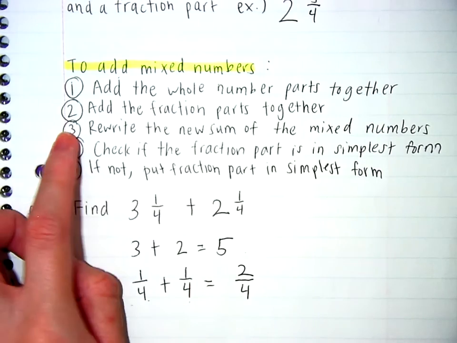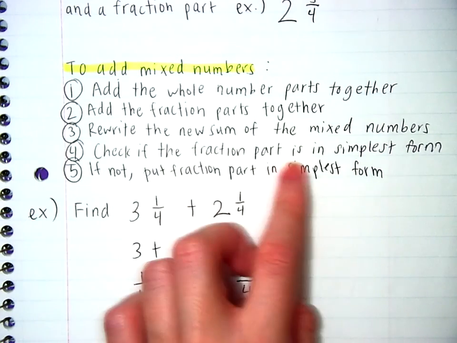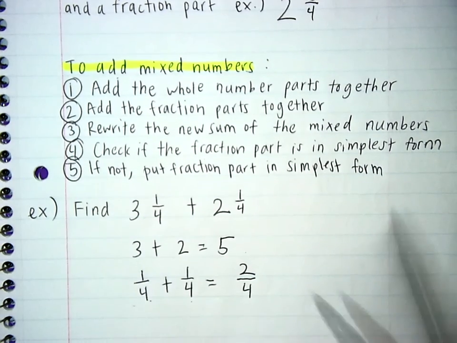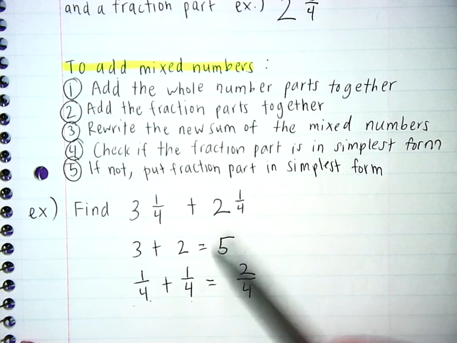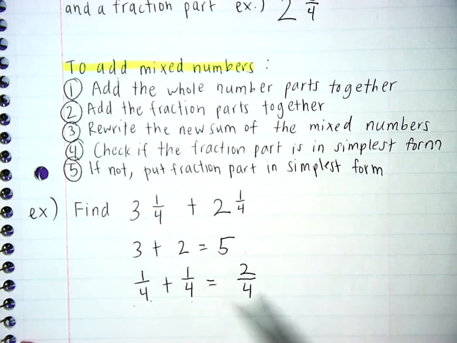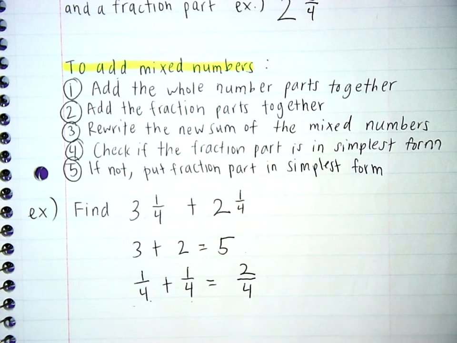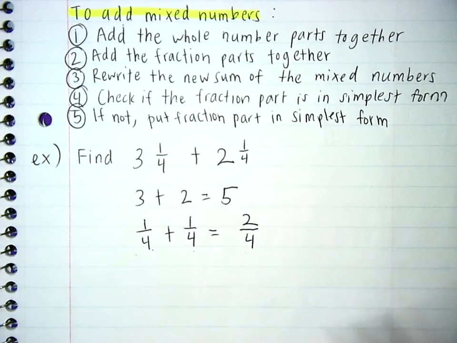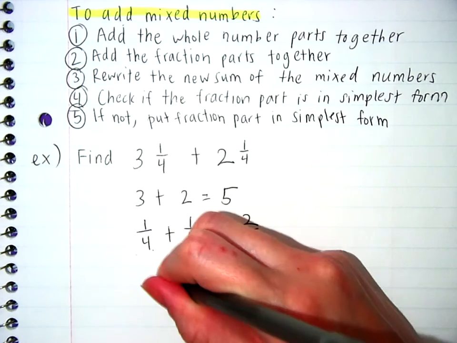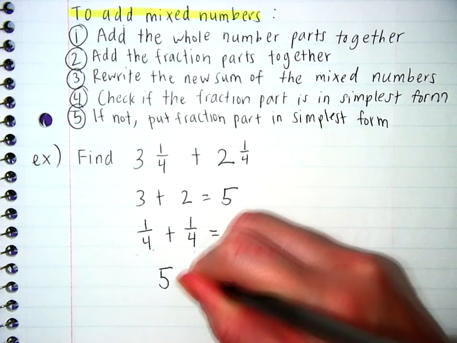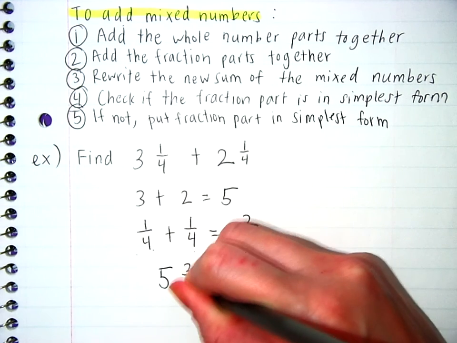So I did step number 2. Now let's look at step number 3. Rewrite the new sum of the mixed numbers. So here is my whole number part, and here is my fraction part. I'm going to combine them together to write the new sum as a mixed number. So it would be 5 and 2 over 4.